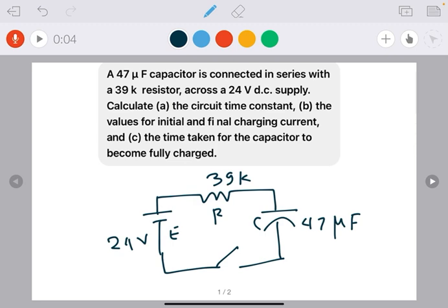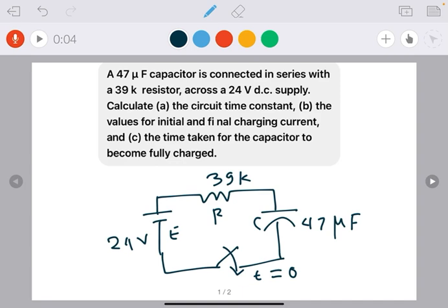Then it asks for the values of initial current and final charging current. So initial current is when the switch is closed, that's t equals 0 when the process begins, the charging of the capacitor begins. Initially, the capacitor acts as a short circuit because the voltage across it doesn't change.